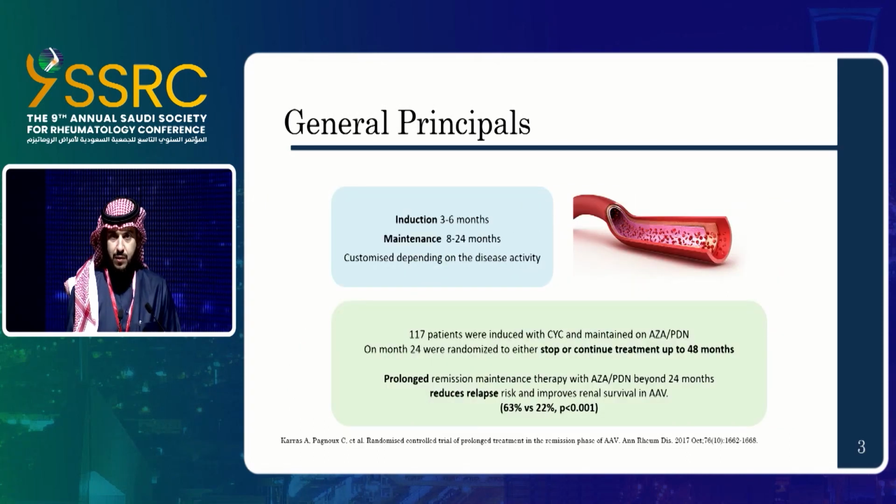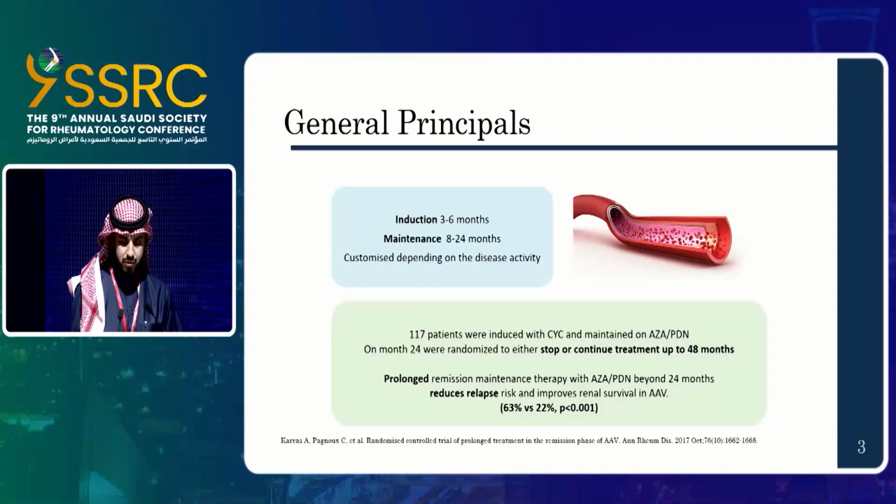Continuing on the principles of managing patients, usually the induction phase is up to 6 months and the maintenance phase is up to 2 years. But again, is 2 years enough or not? Multiple studies have come out with suggestions and hints on how much we need.